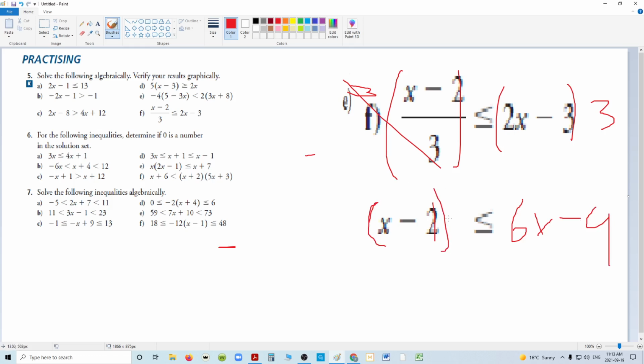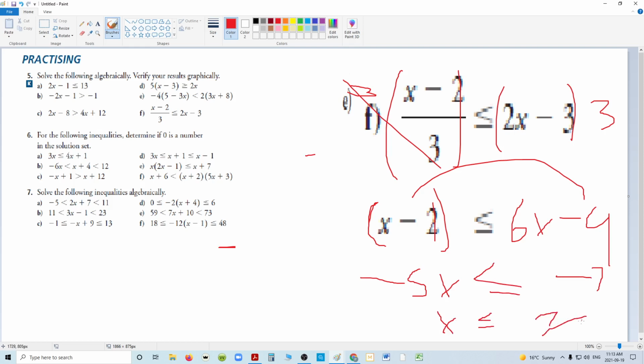When is it smaller than 6x minus 9? When is it below? Solving for x, I bring the 6x over here, I get minus 5x. And bringing the minus 2 over here, I get smaller or equal to minus 7. And here we have a very weird one: when x is smaller or equal to 7 over 5.